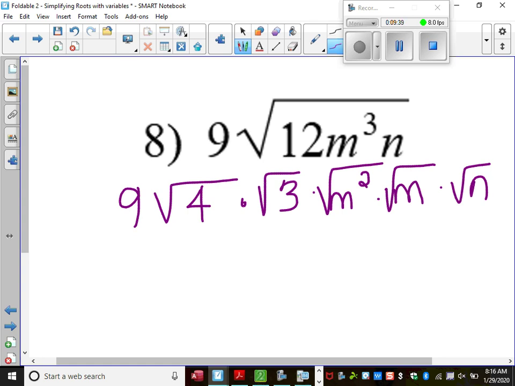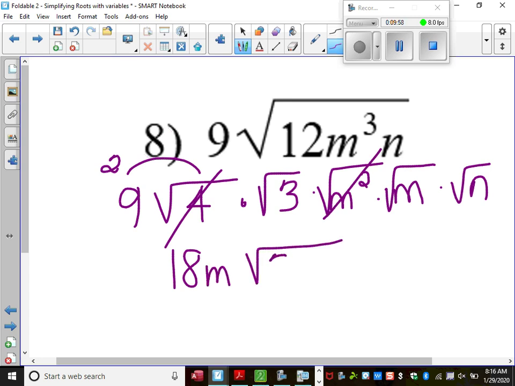Okay, what is the square root of 4? 2 multiplied by the 9, that's going to give me what? 18. All right, then we're going to go down here to the m squared. When I pull that out, that's going to give me what, m? And then I'm left with 3mn underneath the radical.